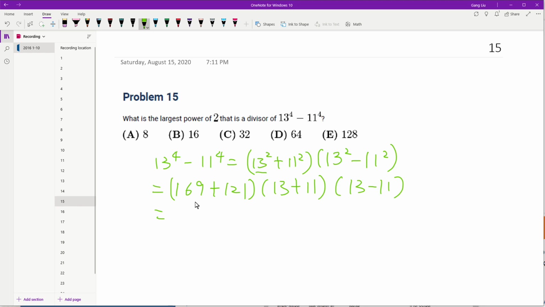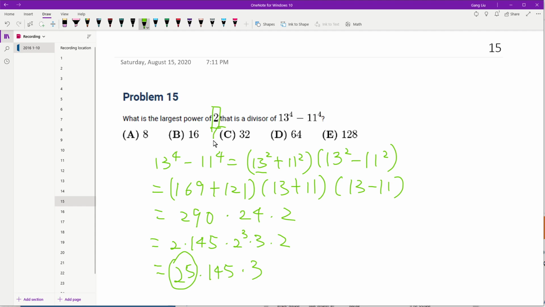That's equal to 290 multiplied by 24 multiplied by 2, which equals 2 times 145 times 2 to the third times 3 times 2. So for the power of 2, we can extract 2 to the fifth multiplied by 145 and multiplied by 3. So this is 32.